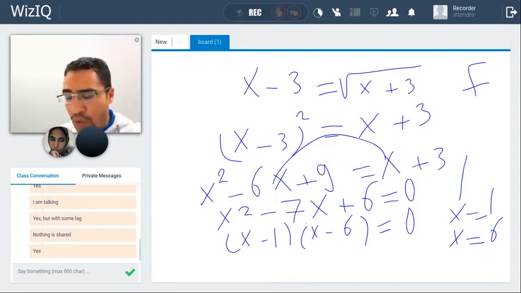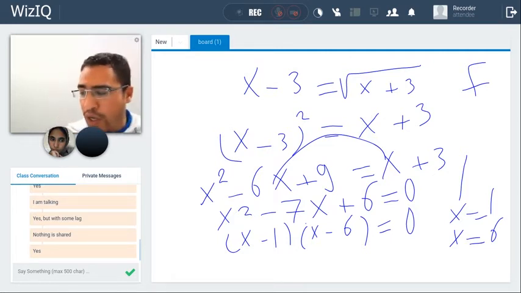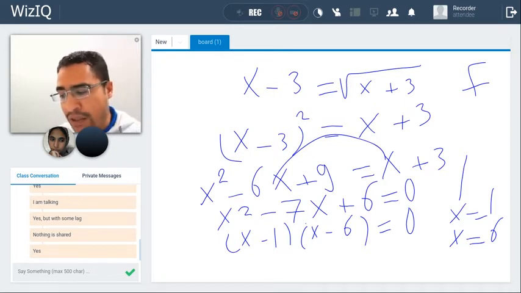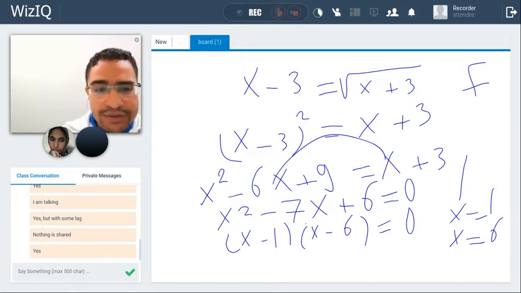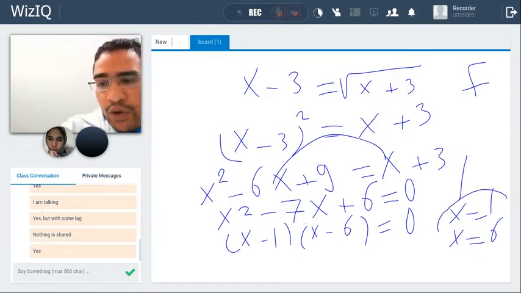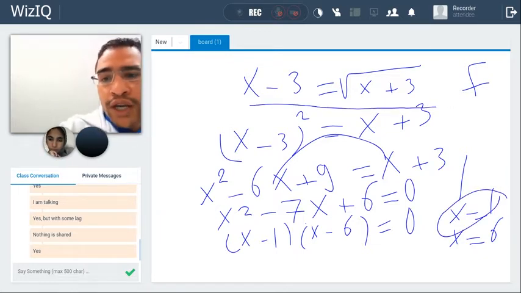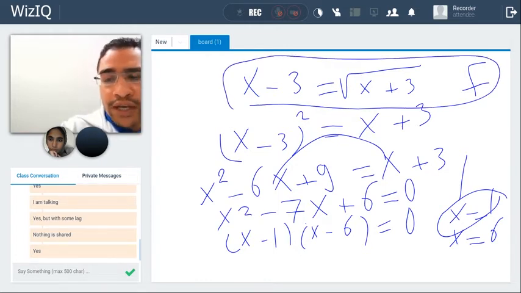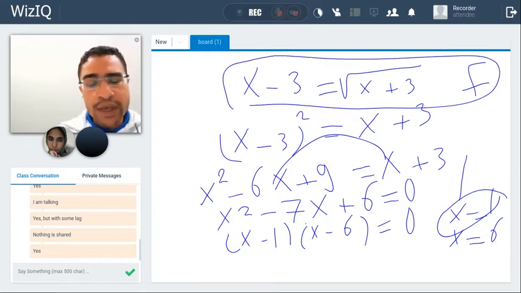But when you try the potential solutions of 1 and 6 back in the original equation, you will find that 6 is a solution and 1 is not. Are you following? So x equals 1 doesn't work in the original equation when you think about it.